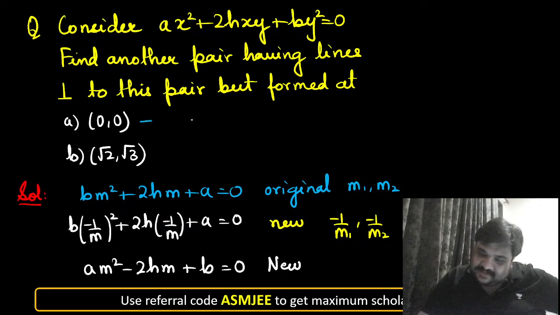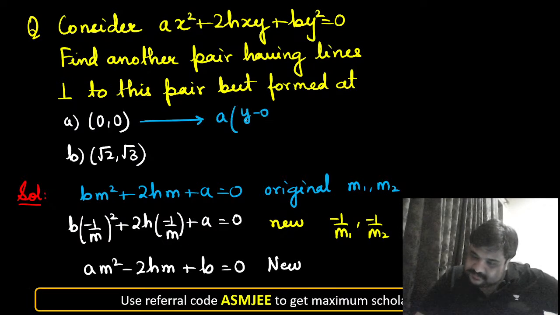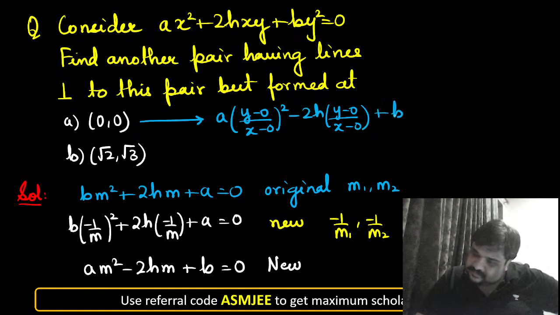So within one line we can find the pair. This is the new pair. And this is the new pair here.